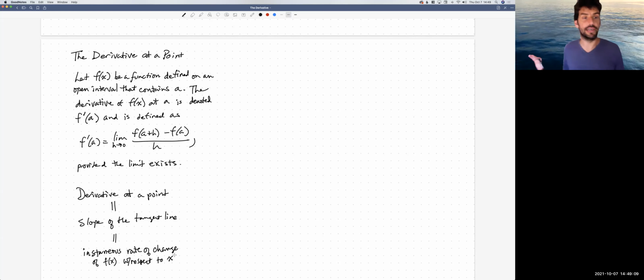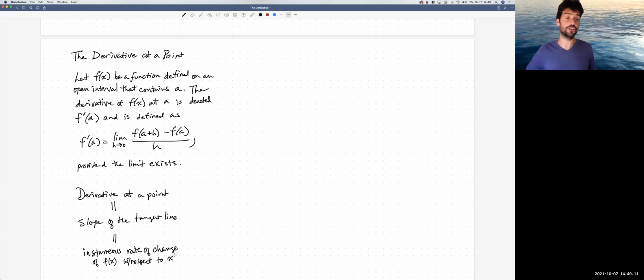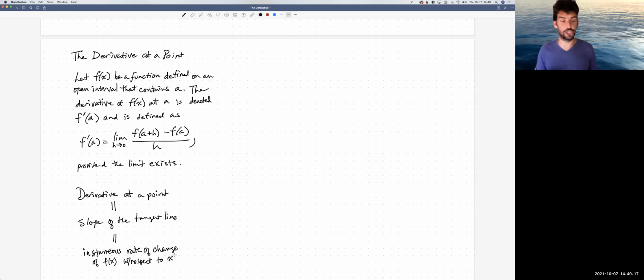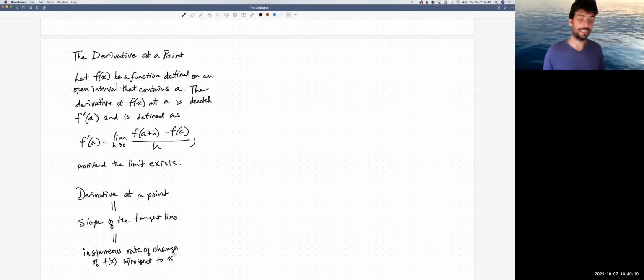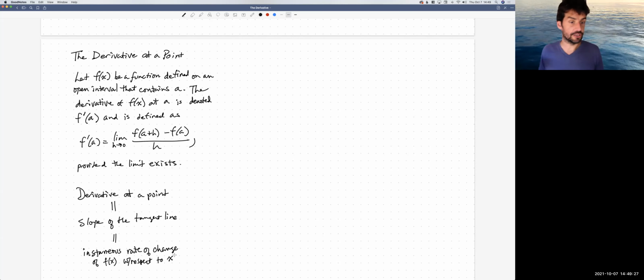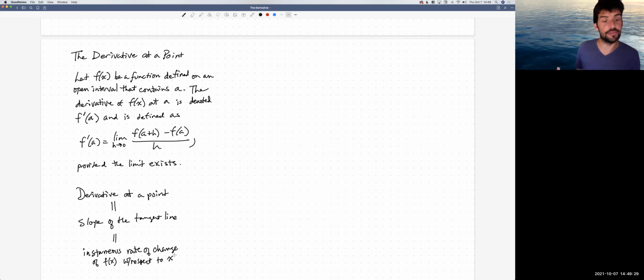We've seen this a bit already, the idea of the instantaneous rate of change, but the derivative at a point, the slope of the tangent line, and the instantaneous rate of change of f of x with respect to x, meaning how does f change as x changes? That's what a slope tells us. These are the same thing. They're different ways to refer to the same thing, okay?